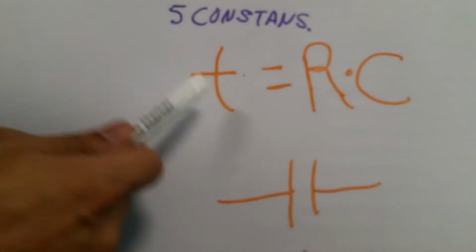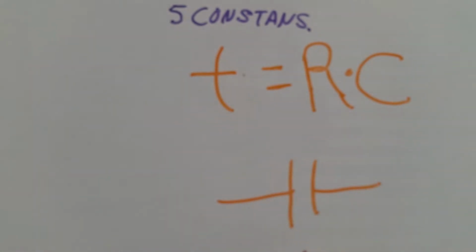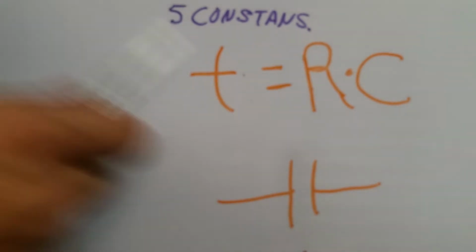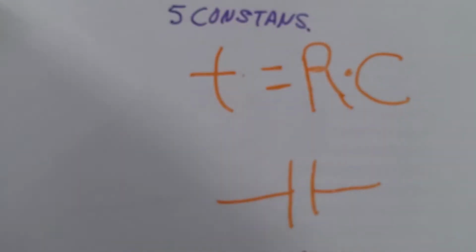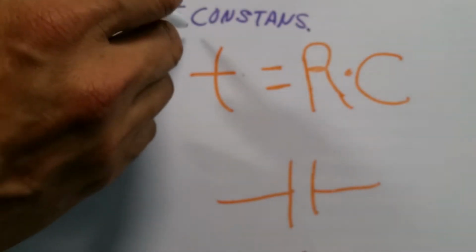When I say the time constant, it is one of those 5. So the value that we get here is the time it takes to go from this point to this point, which is the same time it's going to take me to go from this point to this point, and so on and so forth. So in reality, the whole total time is going to be the time constant times 5. And that is what's going to be the whole time for both charging or discharging of the capacitor.